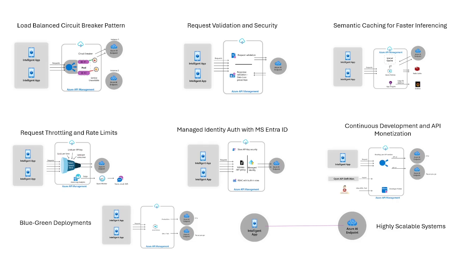Then you have request validation and security, semantic caching to speed up responses by reusing similar LLM outputs, rate limiting and throttling, managed identity with Entra ID to authenticate securely without even storing secrets or client credentials, continuous deployment to ship new versions safely and iteratively, API monetization to track usage and enable paid access if needed, blue green deployments to deploy updates with zero downtime, and highly scalable systems to build AI services ready for global scale.